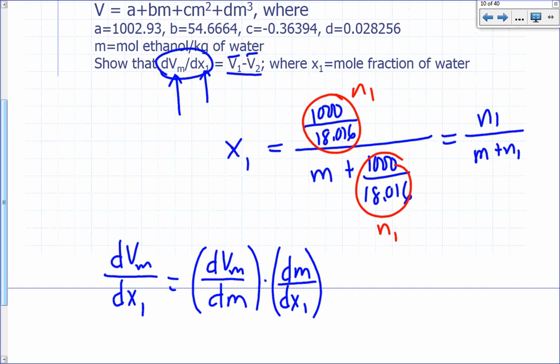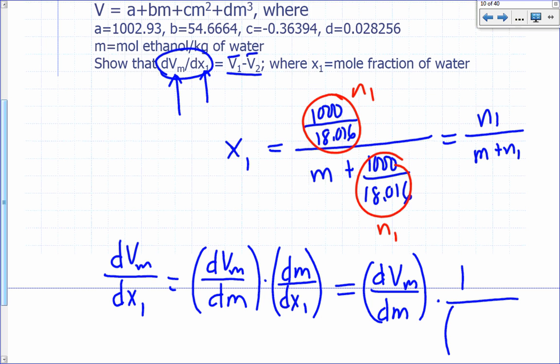Since I already have my x1 expressed in terms of m, it might be better for me to flip it. So this is the derivative of V sub m with respect to m times 1 over the derivative of x1 with respect to m.